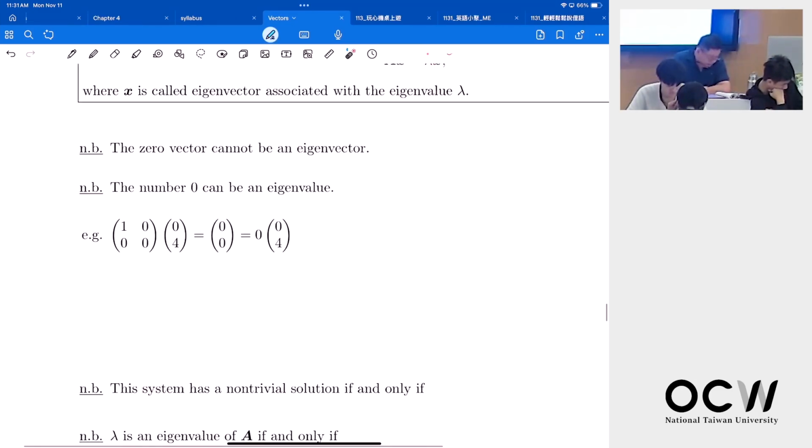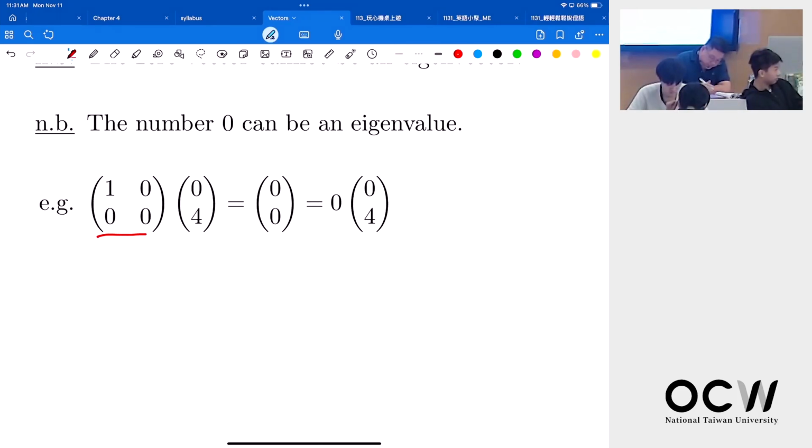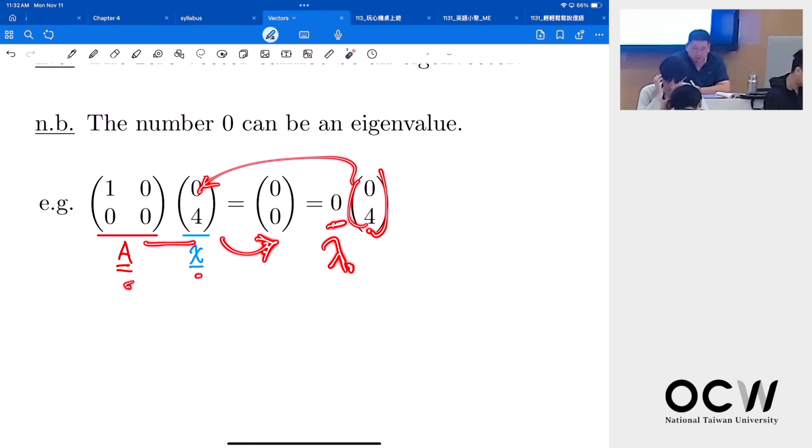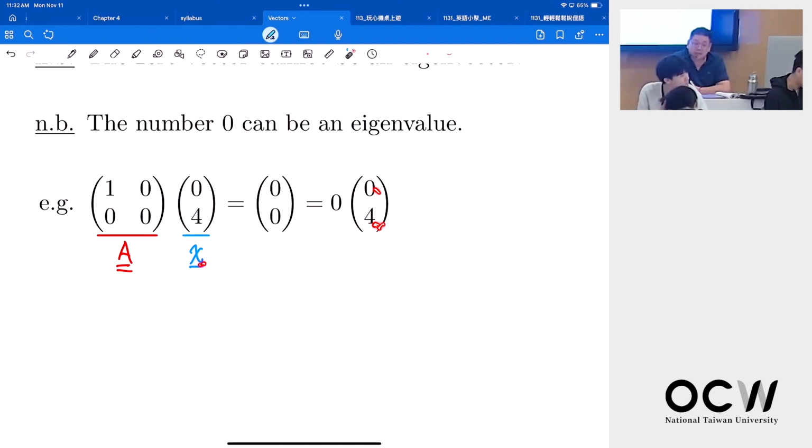For example, here I have matrix A times a vector x. This is 0. Okay. A times x is 0. So I can also think of 0 as a lambda times this x. 0 is an eigenvalue, and then x is an eigenvector.